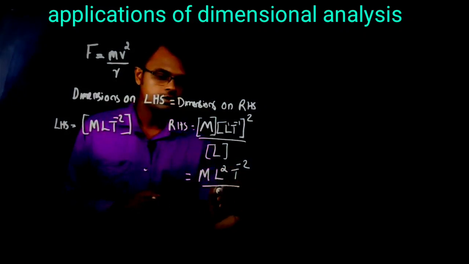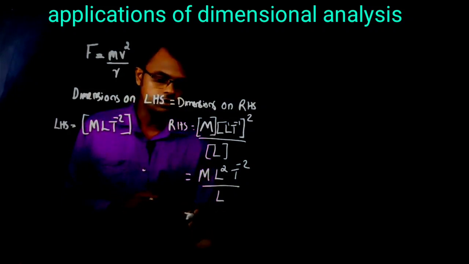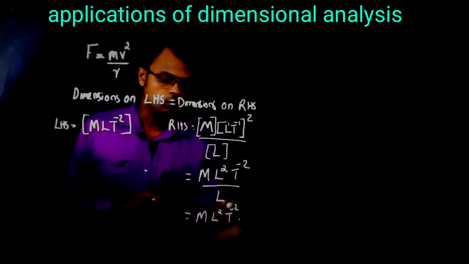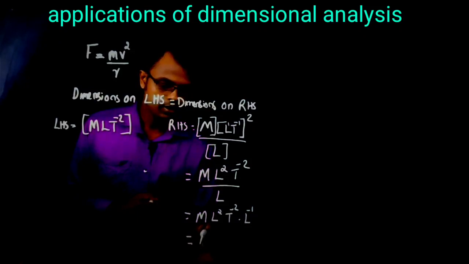Divide by L. That means you can write M L square T to the power minus 2 into, if you take the denominator into the numerator, L to the power minus 1. So that is M L square L to the power minus 1.